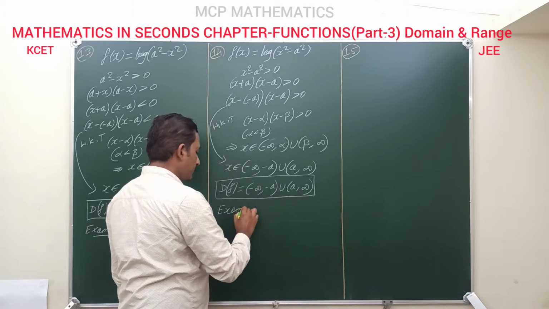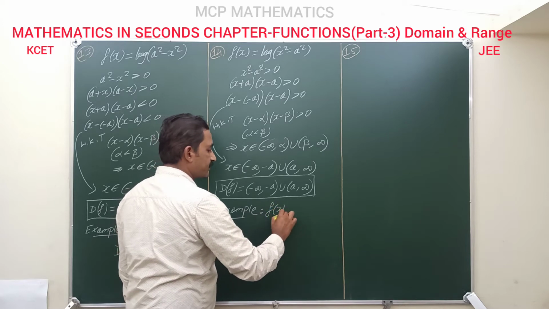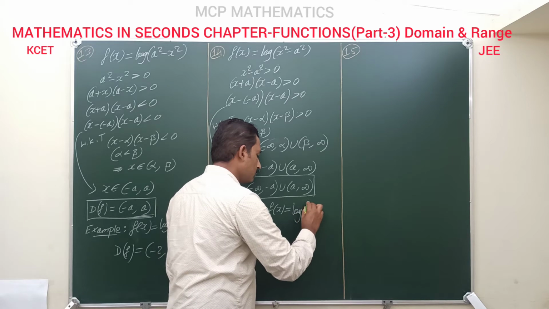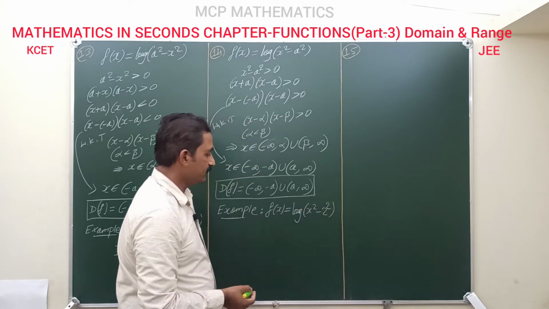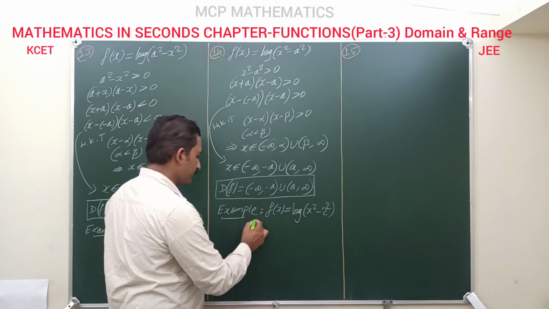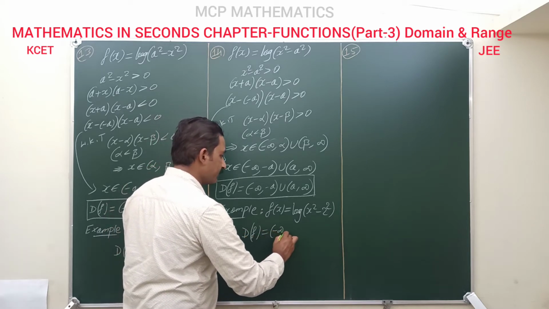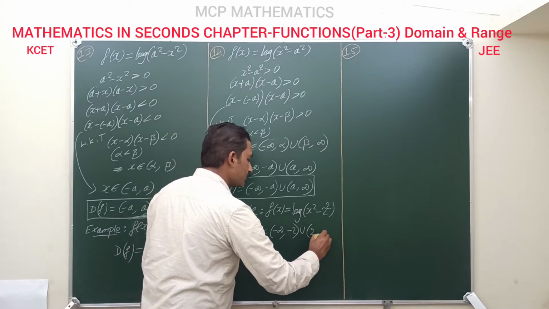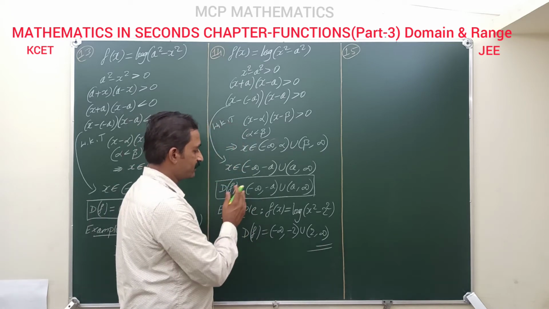Take one example: f of x is equal to log of x square minus 2 square. In the place of a, 2 is there, so directly we can write the domain of f is minus infinity to minus 2 union plus 2 to plus infinity. Without calculation, we can write it directly using this result.